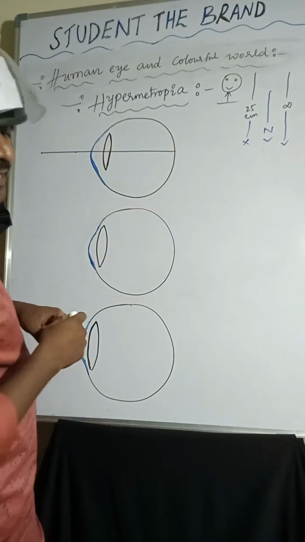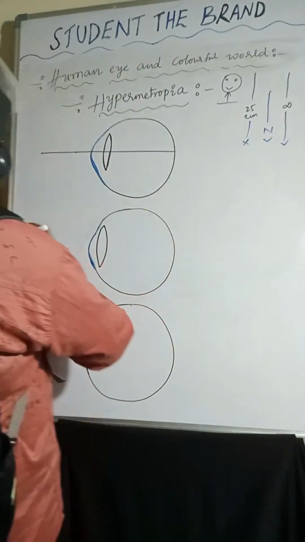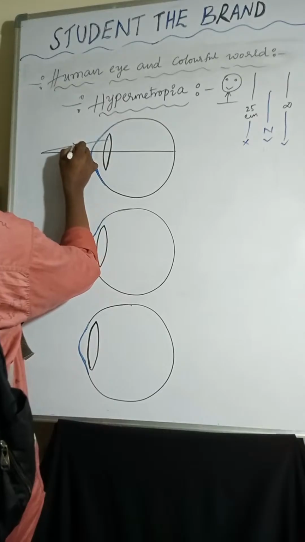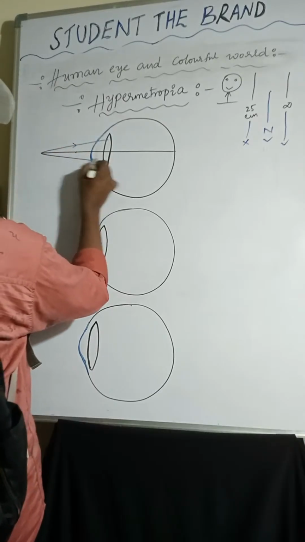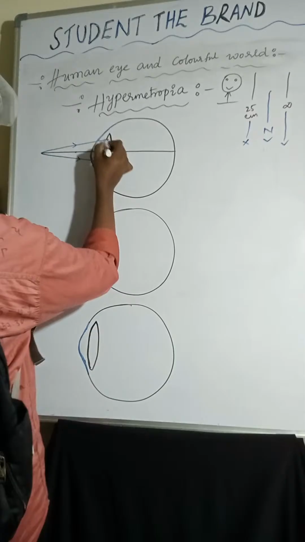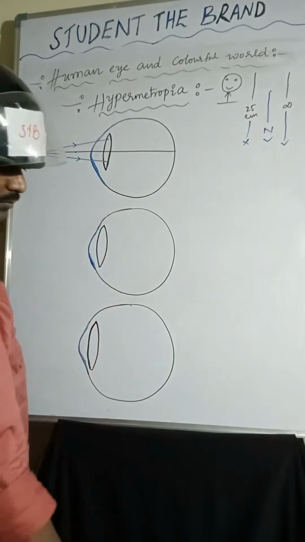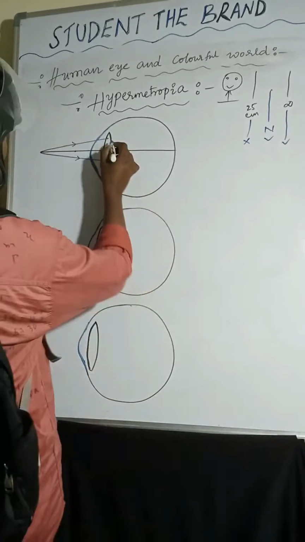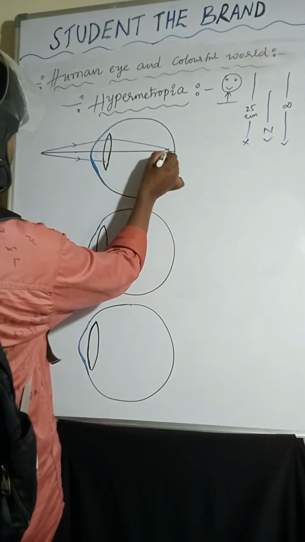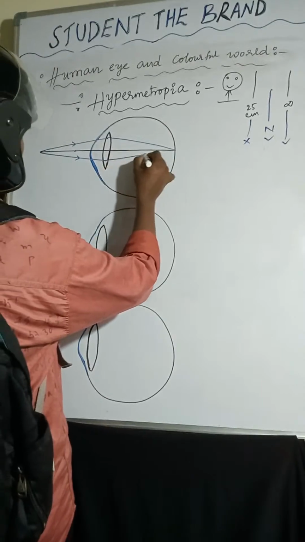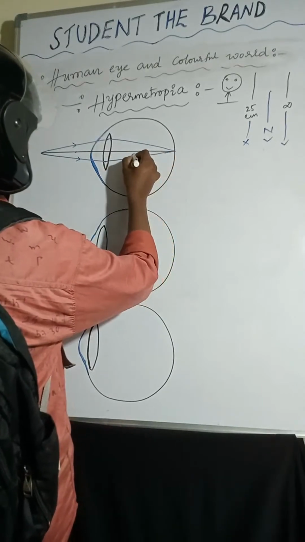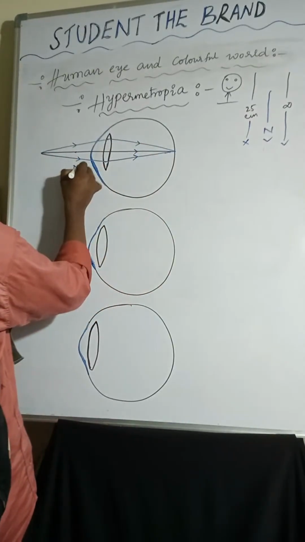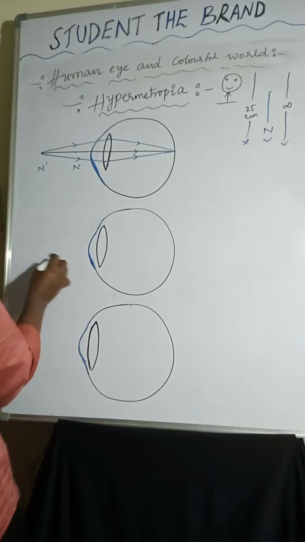So if the light rays are coming from near point, you can see. So I'm taking light rays like this. So this is N and this one is the N dash.